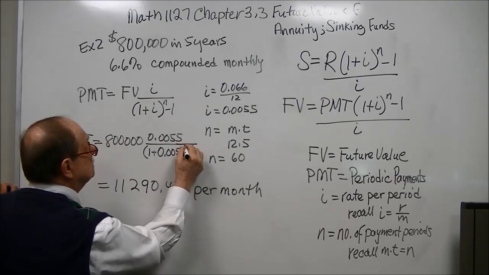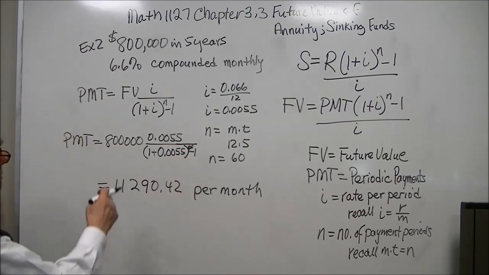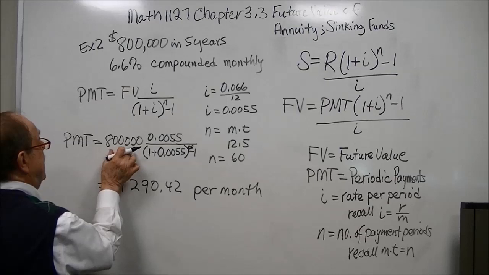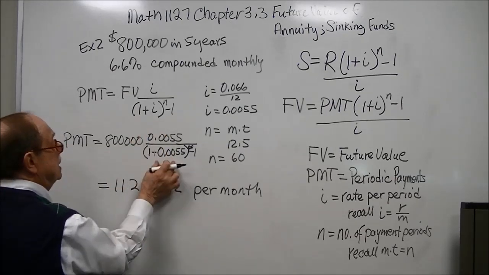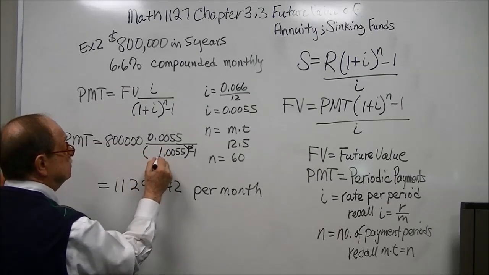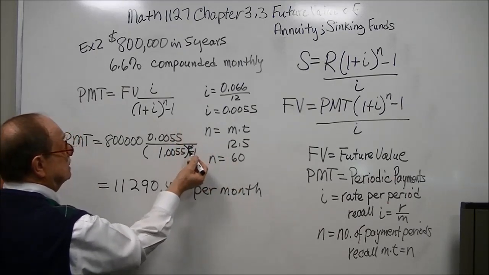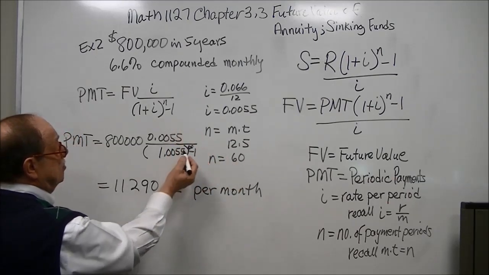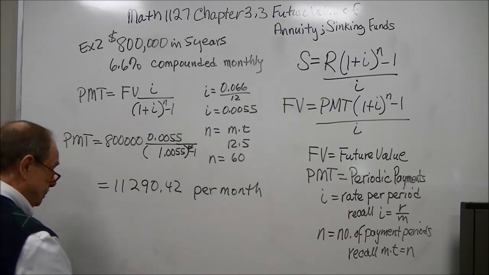There we go. Okay. So I've put the I correctly, the 800,000 correctly. The I here, I'm going to add the 1 to it. Our N is 60 and minus 1. So again, the strategy of putting this into your calculator is super important.